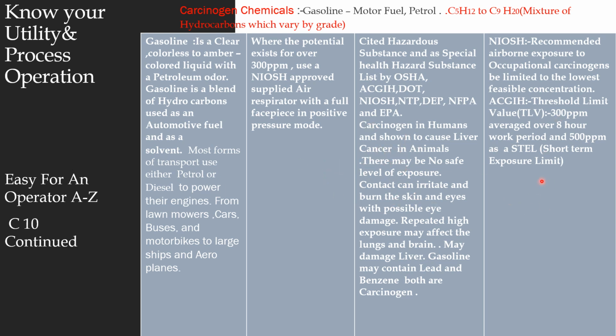So have to be very careful. Inform your friends or other people who are working in automobile shops, workshops and petrol bunks to be careful. Either advise them to use any respirator or mask approved by NIOSH or OSHA to take care of their health and their future generation. We'll see another important chemical in the coming slide.